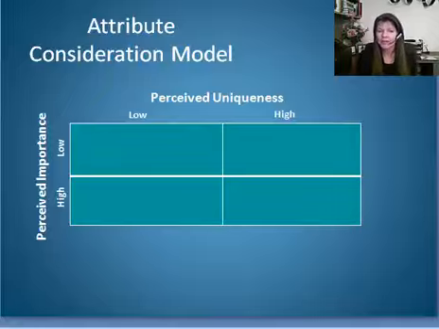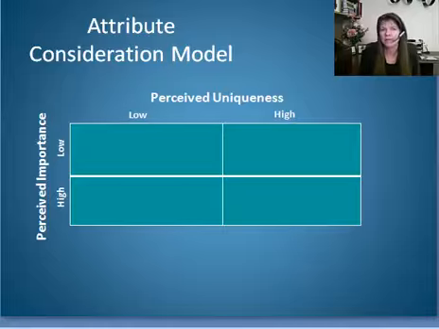So attribute consideration is a function of both perceived importance and perceived uniqueness. Okay? And I'm saying perceived because perceived to an individual, right? What they perceive as important, what they perceive as unique. So it relies on an individual's own perceptions.